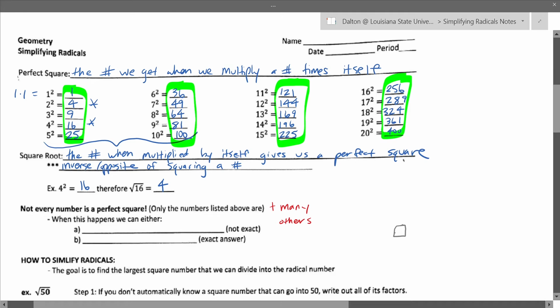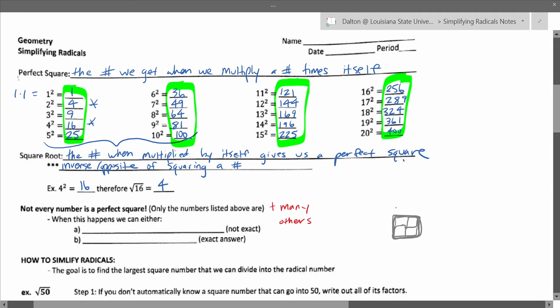Ta-da! 1 by 1, right? Now 2 is not a perfect square because if I put 2 square tiles next to each other, I get a rectangle. 3 is not a perfect square because I get this little Tetris looking piece. But 4 is a perfect square. When I put 4 square tiles lined up, I get a bigger square.